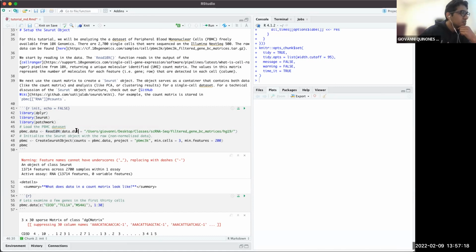Here I wrote the path to the directory on my computer where I saved the files, so you'll need to change this path to the directory where you saved it on your own computer. After you have changed this parameter, you can run the entire cell.